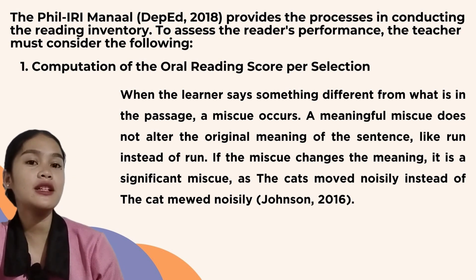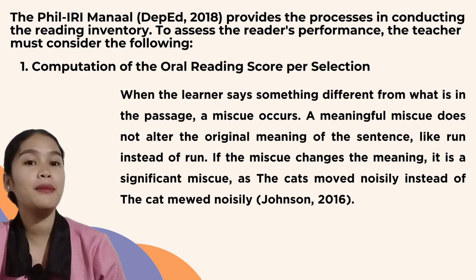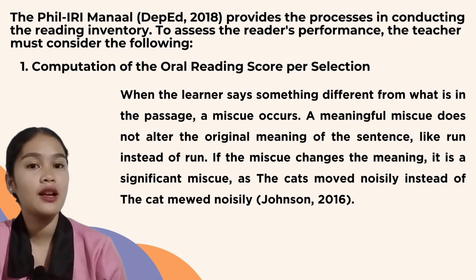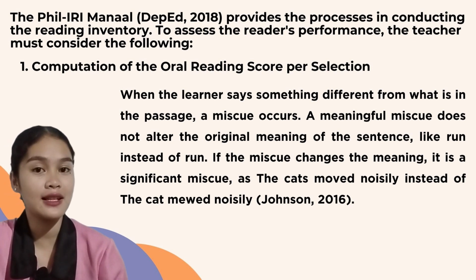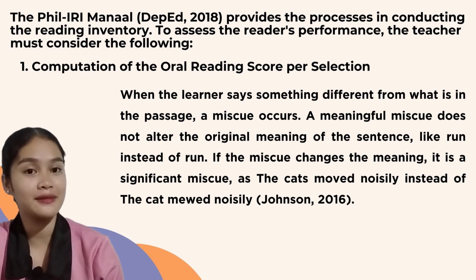Now, when the learner says something different from what is in the passage, a miscue occurs. Now, a meaningful miscue does not alter the original meaning of the sentence, like run instead of ran.